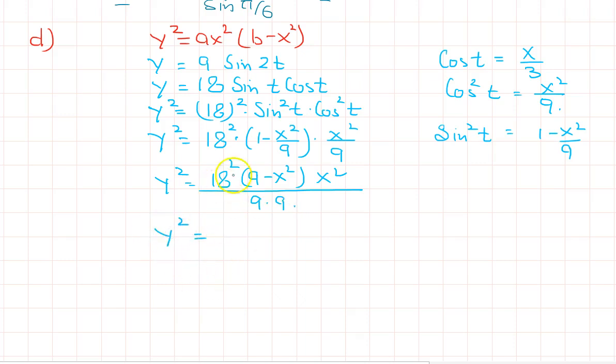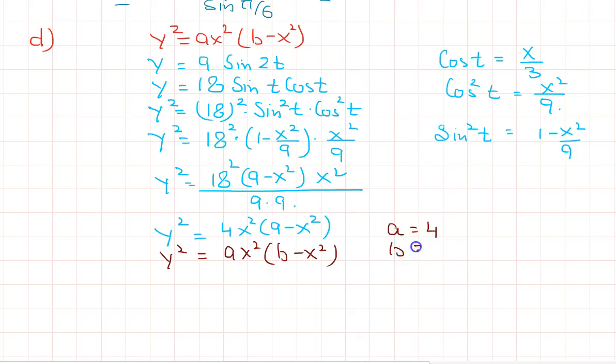So y square is 18 times 18 over 9 times 9, so 2 times 2, that is 4 x square into 9 minus x square. So if we compare with this equation, y square is equal to a x square into b minus x square, a is equal to 4 and b is equal to 9. So that is the proof of this.